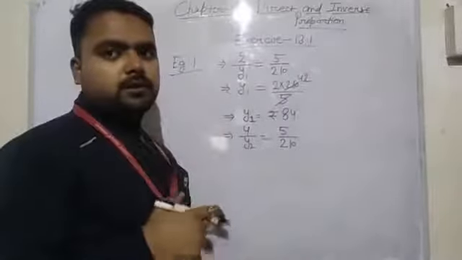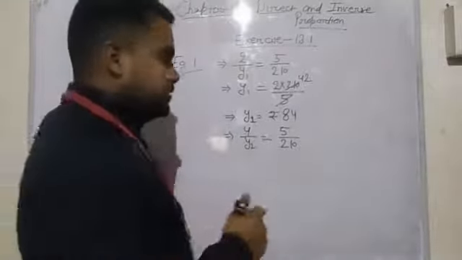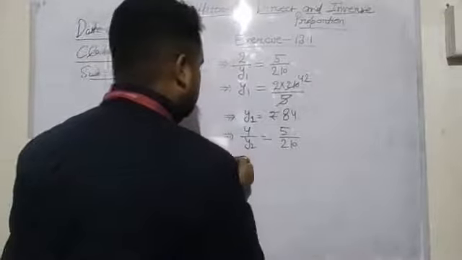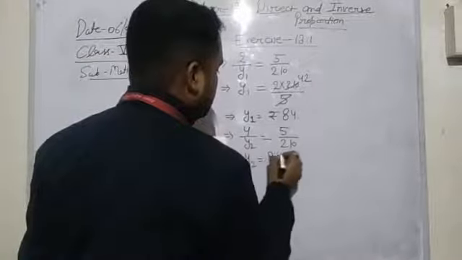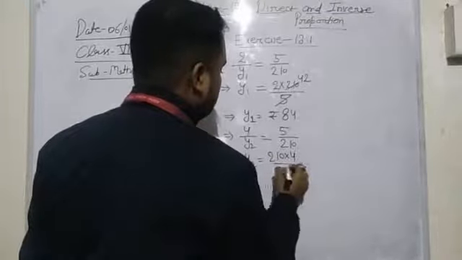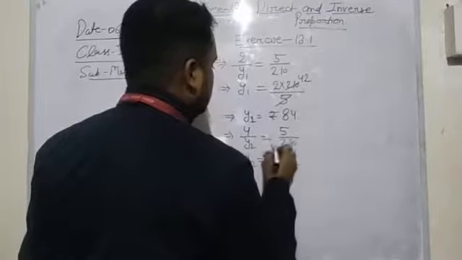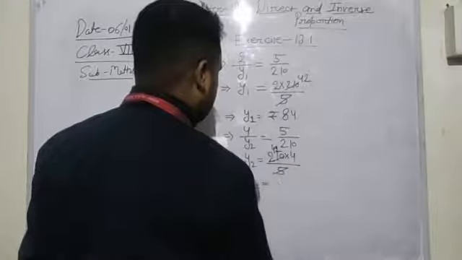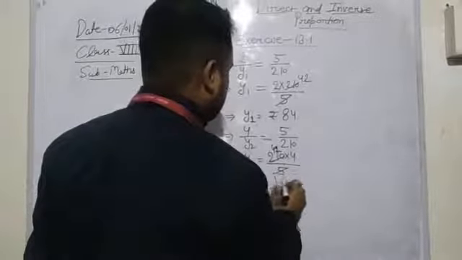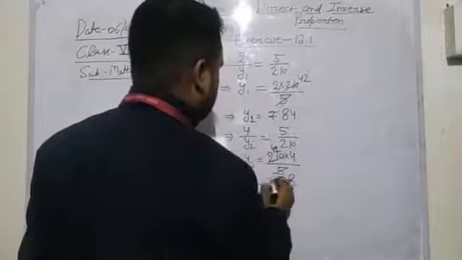As the ratio of the two quantities is always constant, y2 will be 210 into 4 upon 5, that is 42 times 4, so y2 will be 168.